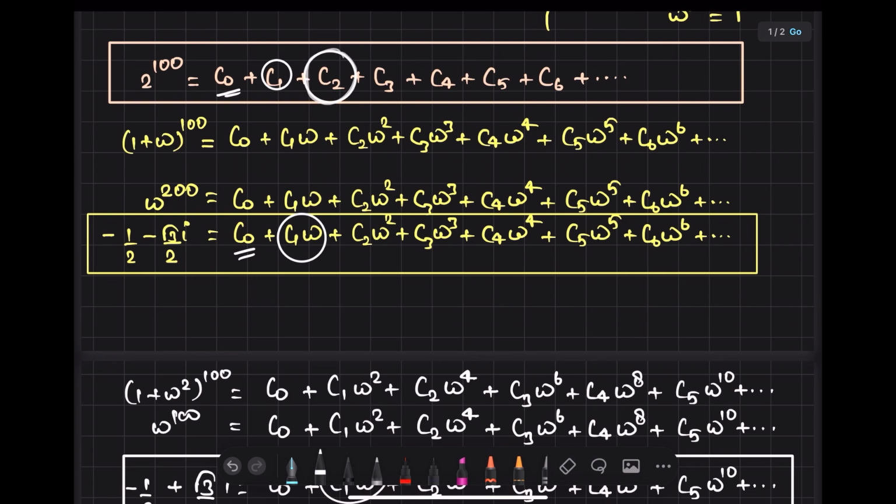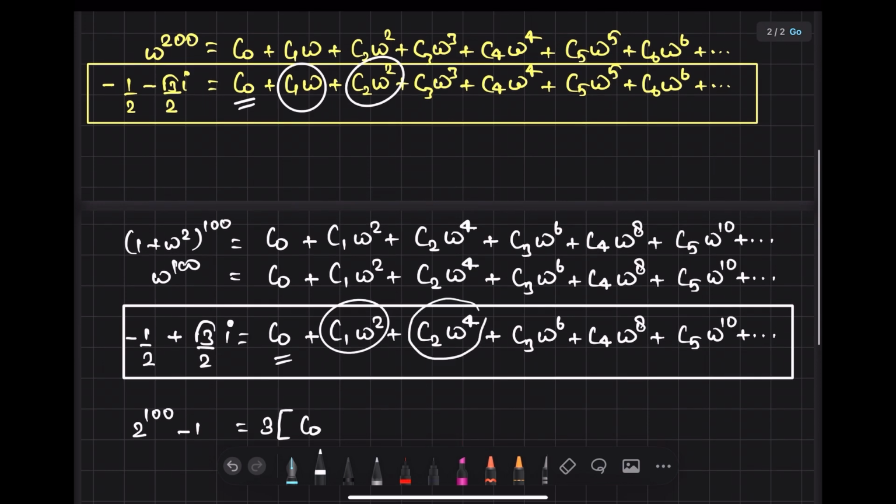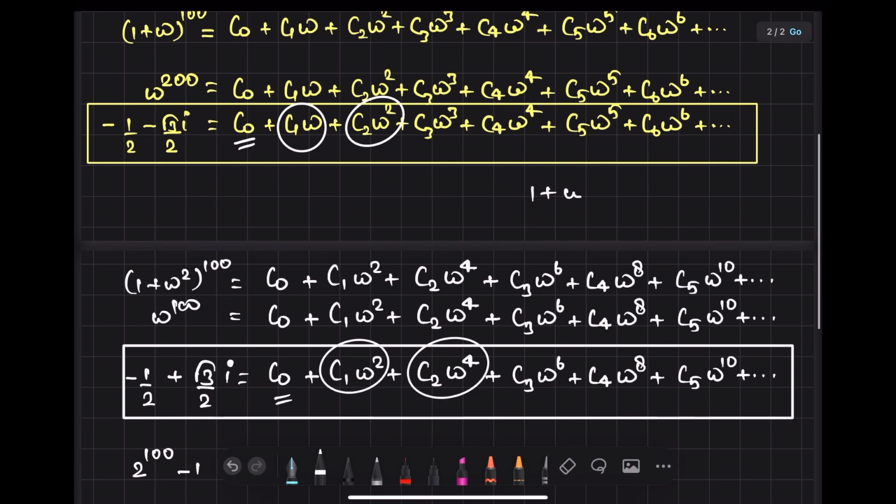This is C2, this is C2, and this is C2. So you will have 1 plus omega square plus omega power 4. Who is omega power 4? Omega power 4 is omega power 3 into omega, and omega power 3 is 1. So this is 1 plus omega plus omega square, which will become 0. So that C2 will also become 0, correct?